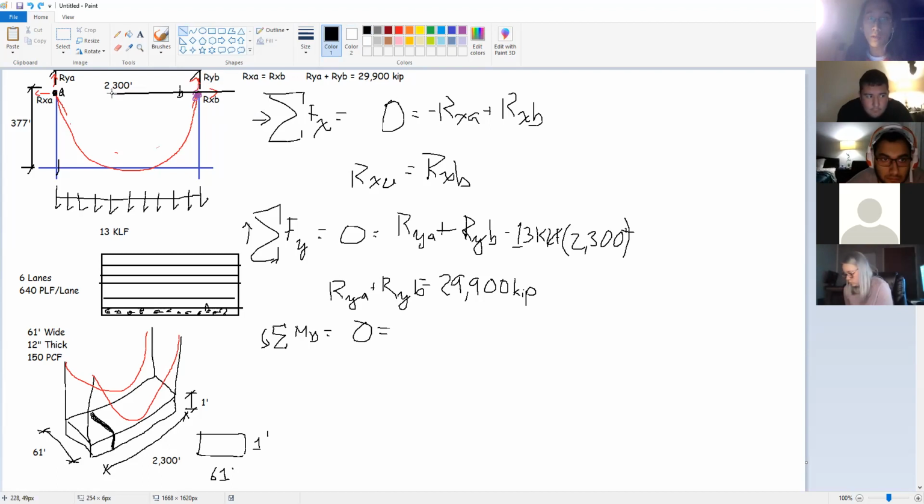RXB going straight through B, distance of 0. RXA is also going straight through B, distance of 0. The only 2 forces that we have to worry about are the 13 KLF and RYA over here. I'll just start off with this RYA, RYA times how far is it away from B?